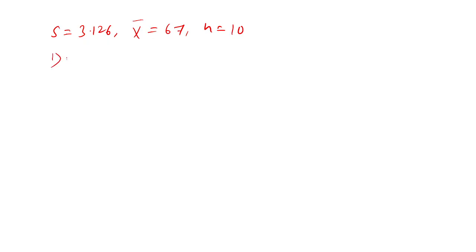First step, hypothesis. H naught will be mu equal to how much they are saying? 65.